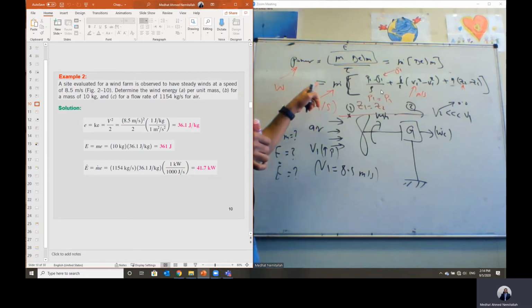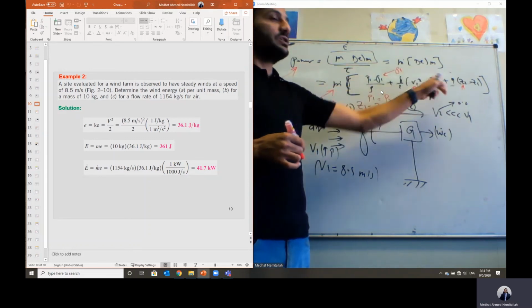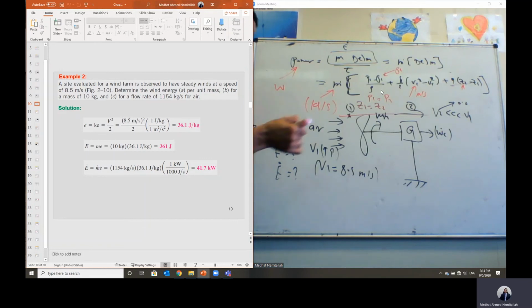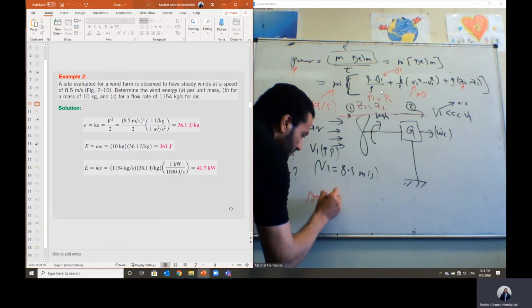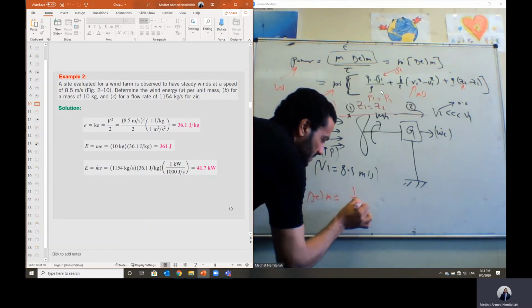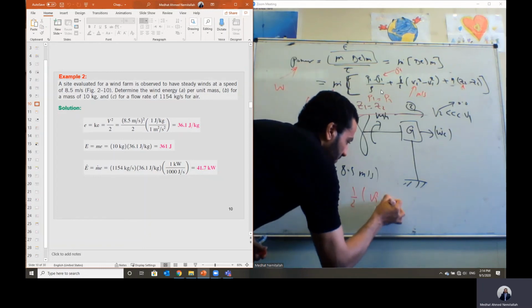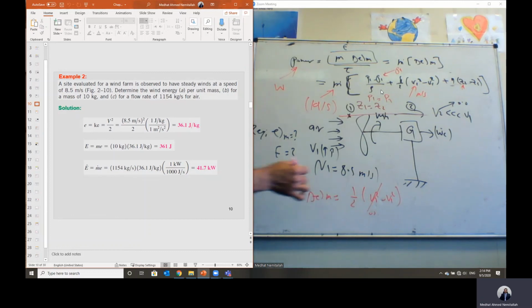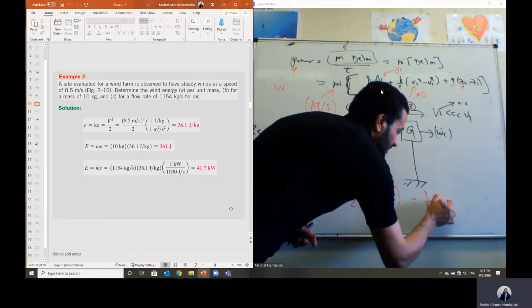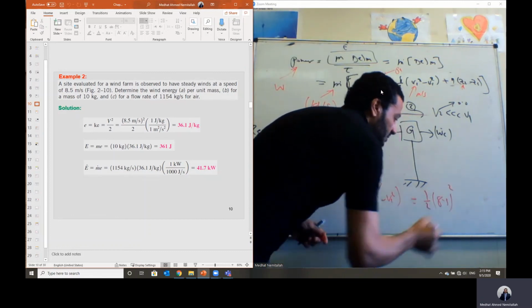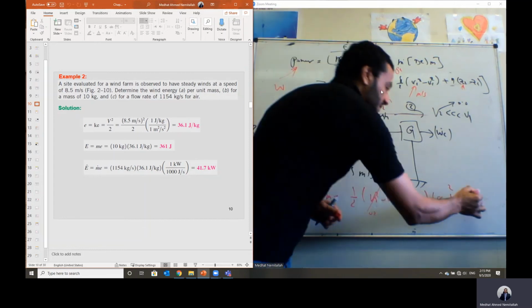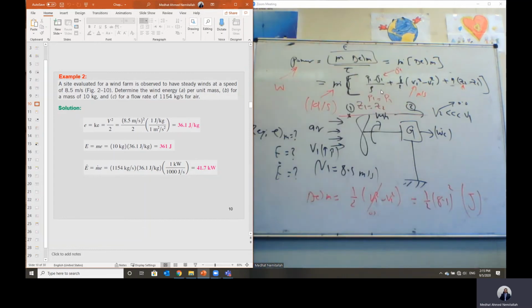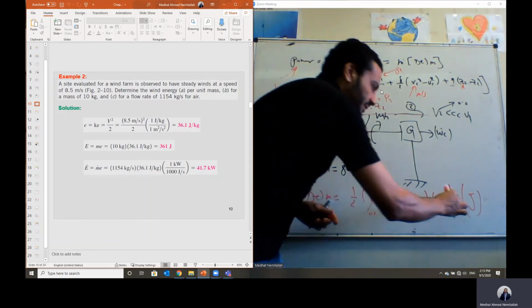So the change of mechanical energy of the fluid will equal the change of the kinetic energy in this case. So delta E mechanical will equal half of V2 squared minus V1 squared. V2 is 0, so the absolute value in this case will equal half multiplied by the velocity 8.5 squared. Then we can calculate this change of mechanical energy of the fluid in joules per kilogram.